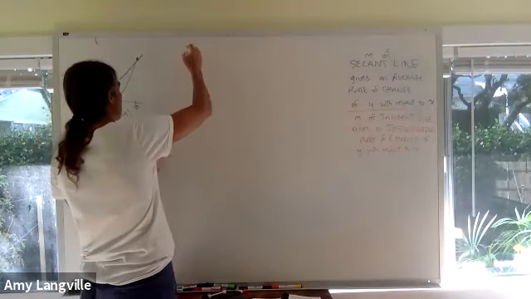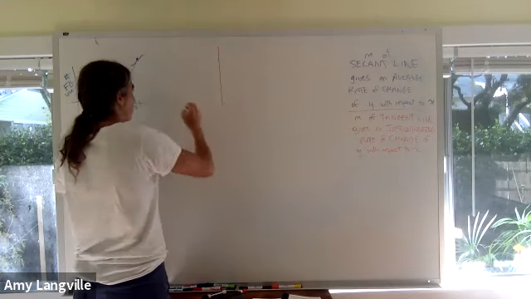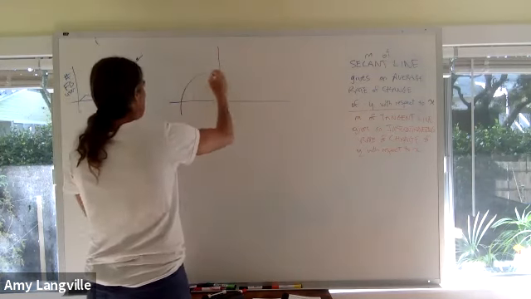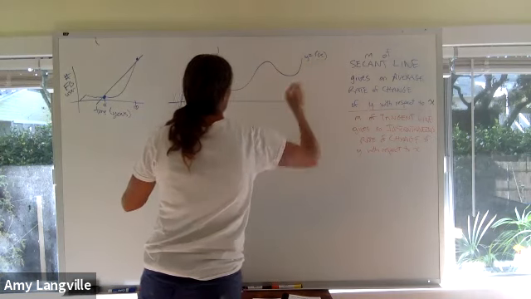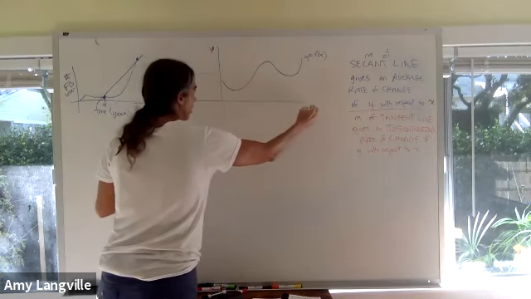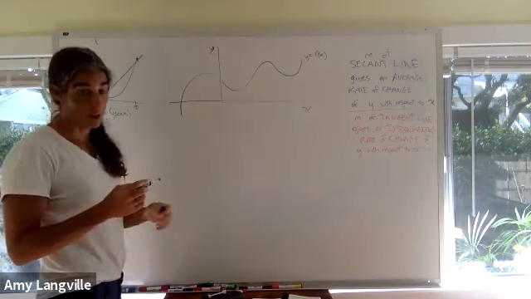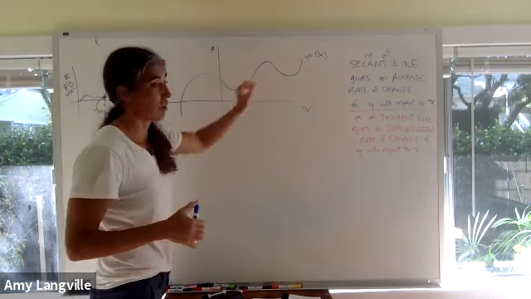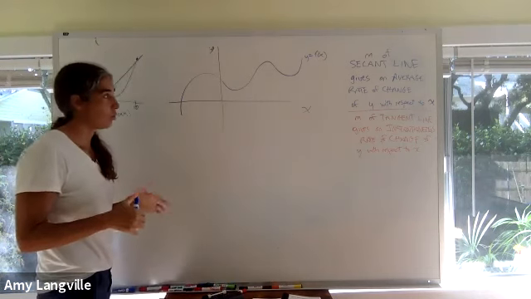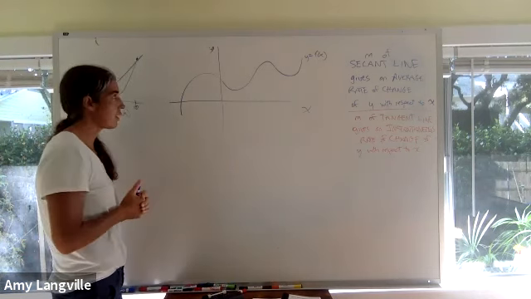Let's just say we have a function that looks something like this. y is a function of x. Clearly a nonlinear function, right? Also continuous, I can trace it without picking my pencil up off the paper. No holes, jumps, asymptotes, no breaks.